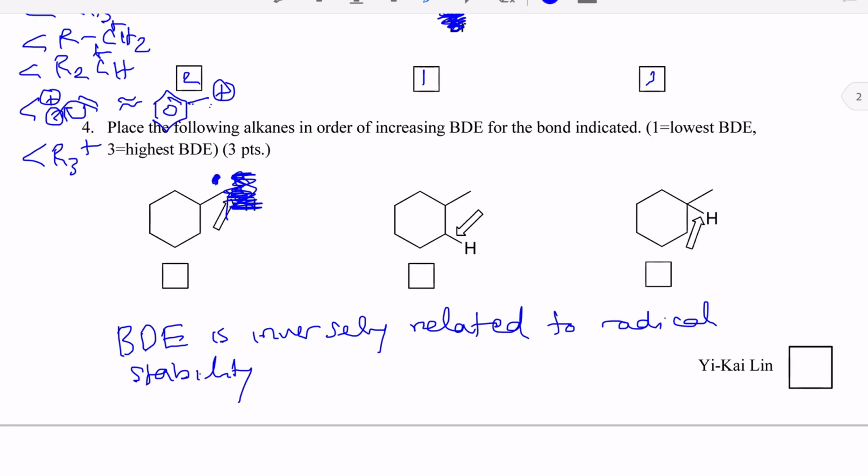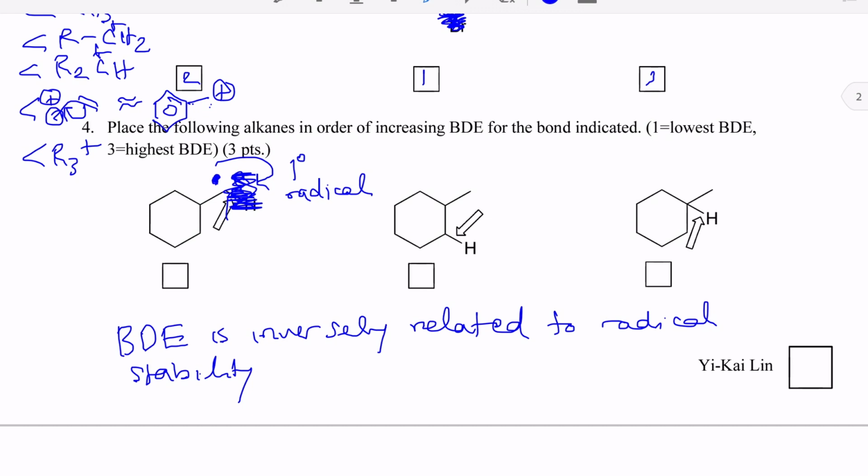Sorry for the drawing. This corresponds to a single electron at that carbon, so what we have here is a primary radical. That's our first observation.